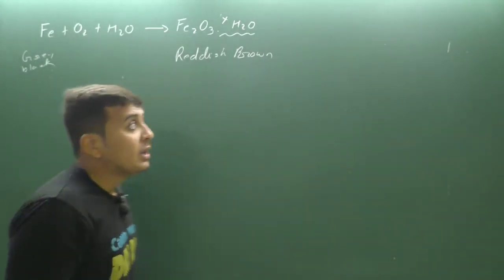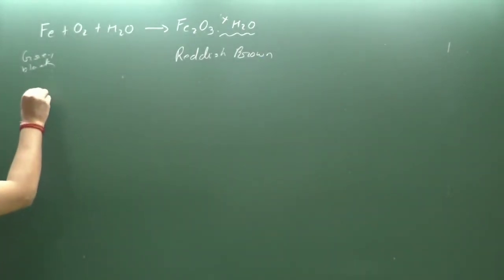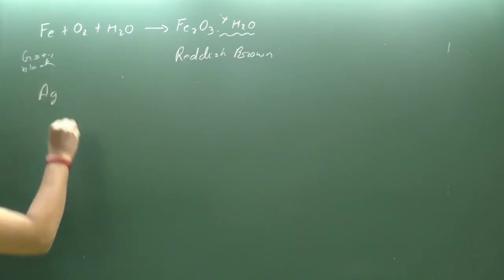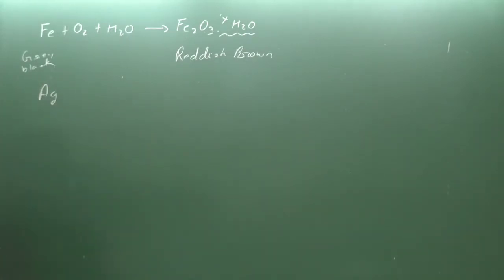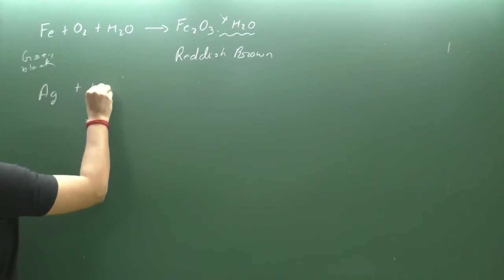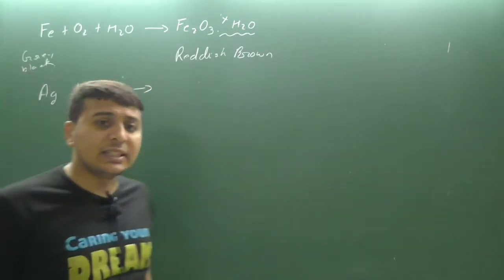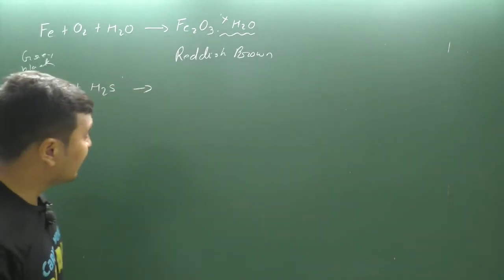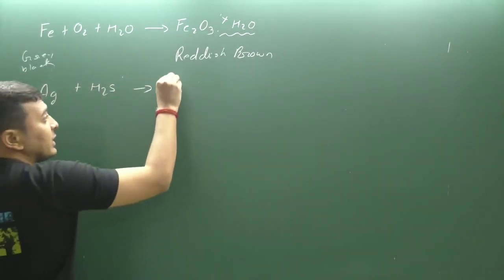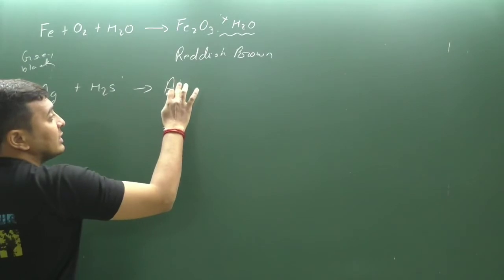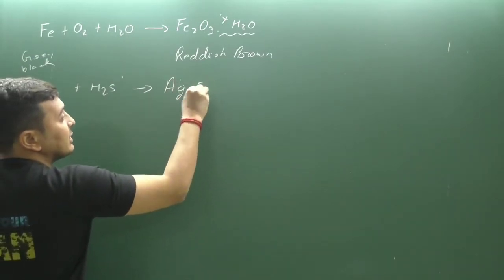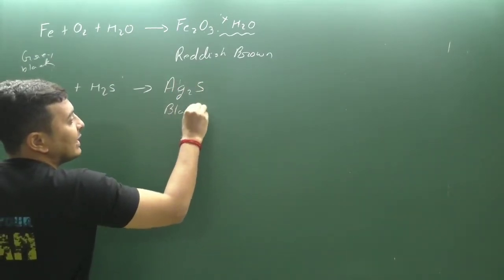Clear. Now for example, silver. Silver articles or silver ornaments turn black. Why? Because they react with hydrogen sulfide. Hydrogen sulfide is a gas present in the atmosphere, and silver is converted into silver sulfide, Ag2S, which is black in color.